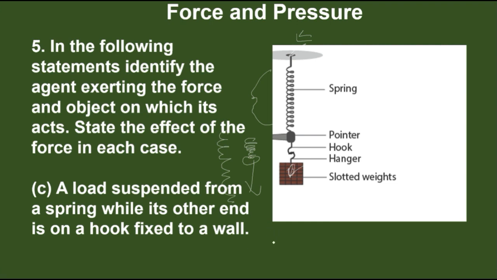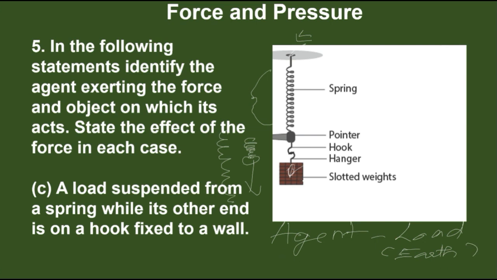Now again here you have to write what the agent is. Who has applied force here? Tell me. Who is applying the force? It's the load, isn't it? And who has applied force on the load? It's the earth. Why does this load go down? It's because of earth's gravity.